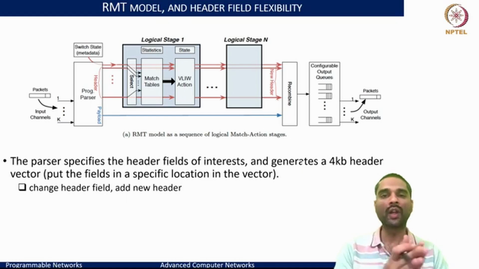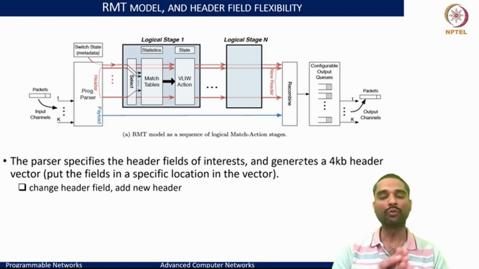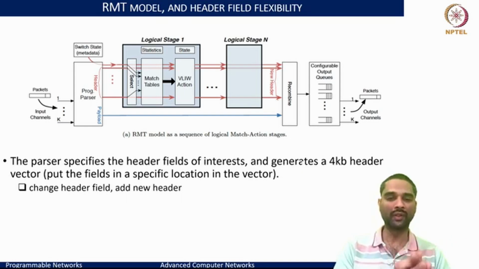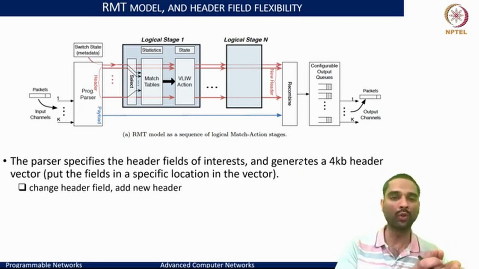And this processing can happen through multiple logical stages. And when we say this processing for the header fields of interest, we want to basically look at specific header length. And here the paper tried to say that we can do it as a 4 kilobit header vector that can be put for a given packet.